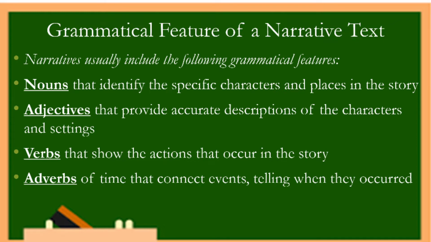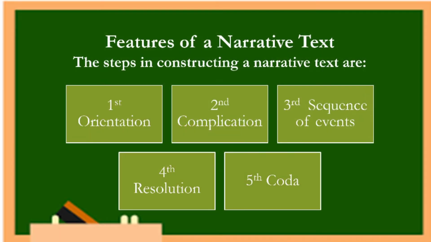We also use verbs that show the actions that occur in the story, and adverbs of time that connect events, telling when they occurred. Now let us proceed to the features of a narrative text, meaning these are the steps in constructing a narrative text.